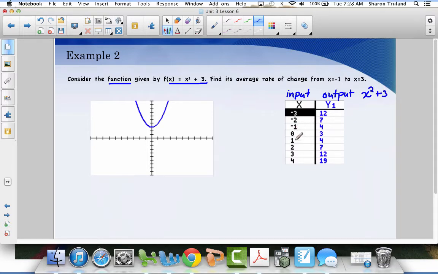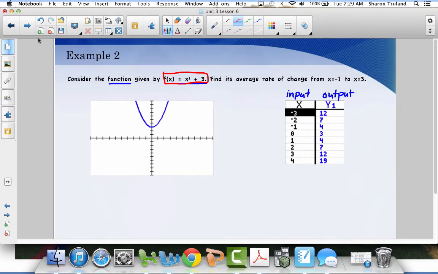So for example, if I picked 1, the answer is 4 because 1 squared plus 3 does get me 4. And when I square things, it makes them curve. And then I add 3, so I move up 3. We're going to learn that later on, not today, that's in chapter 4. But just so you understand that these charts are not made up, they're actually based on this equation right here. Find the average rate of change from -1 to 3.